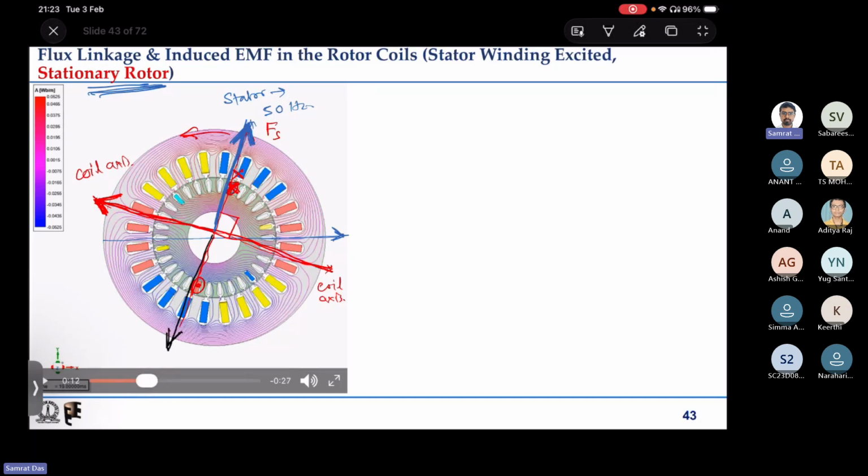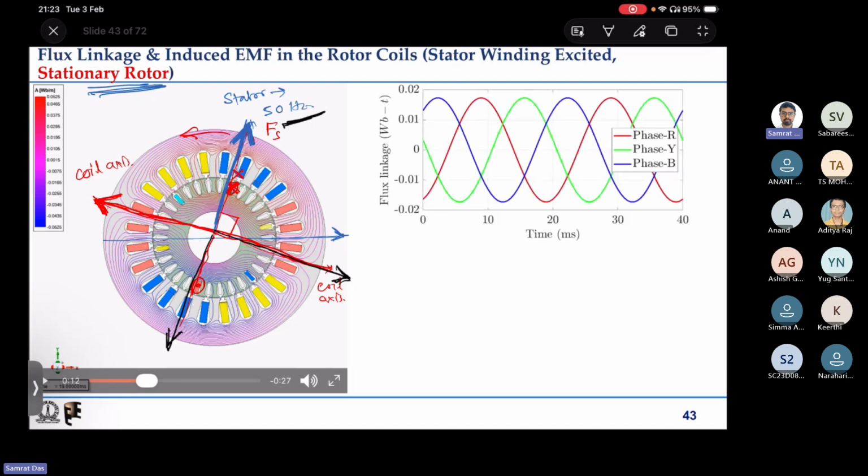That is, the magnetic field is here, and the coil axis is 180 degrees opposite to that. That means again flux linkage will be maximum, but it will be negative. So we see that if we excite the stator with 50 Hz current and do not do anything in the rotor, but just try to see by putting some rotor conductors what is the flux linking the rotor, then we will see that it basically varies with time.